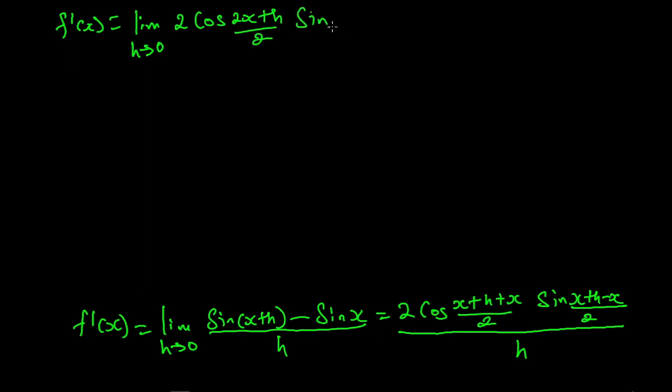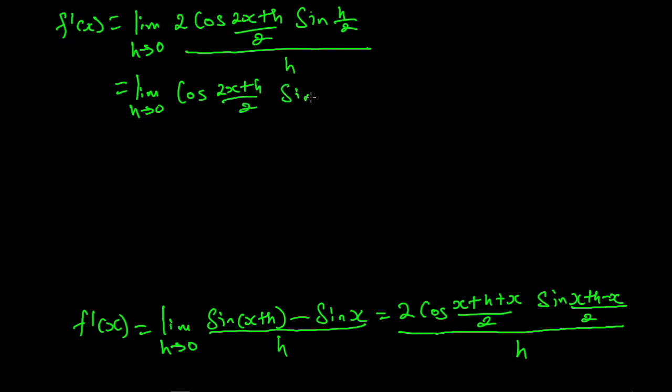Then sine of x plus h minus x is going to give us h over 2, all over h. Now, let us divide both the numerator and the denominator by 2. And if we divide by 2, the 2 is going to cancel these 2. Therefore, we'll be left with cos 2x plus h over 2 sine h over 2. Then the denominator is going to be h over 2.